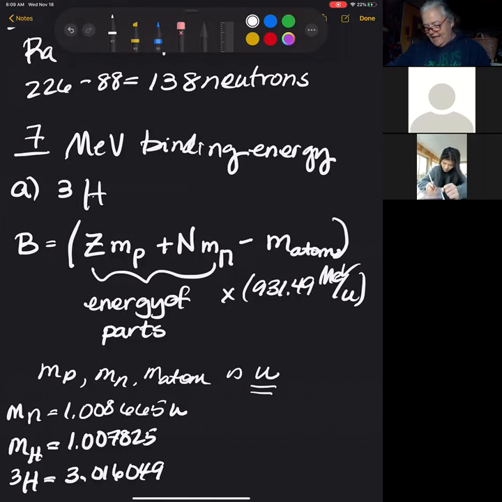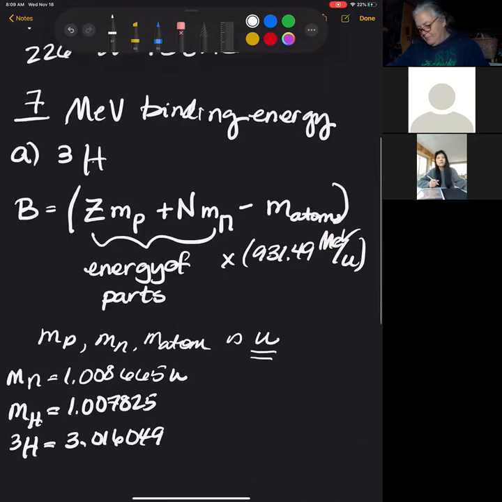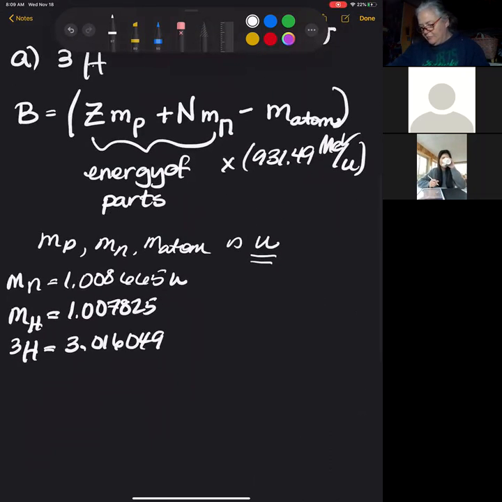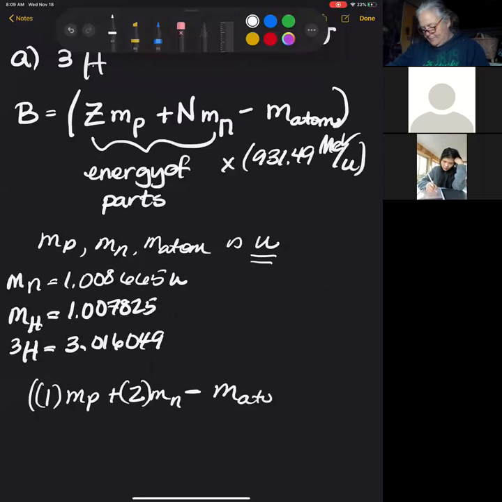So now it's just a math problem. I take my numbers: the number of protons, Z, is 1 for hydrogen, times the mass of a proton, plus the number of neutrons, which is 2, times the mass of a neutron, minus the mass of the atom, which I look up.